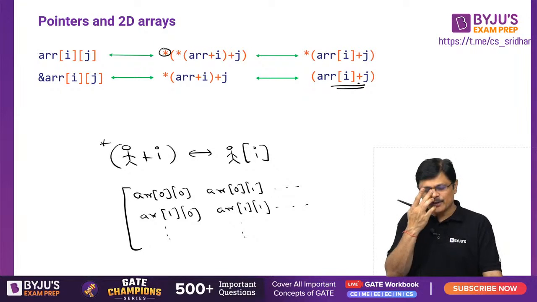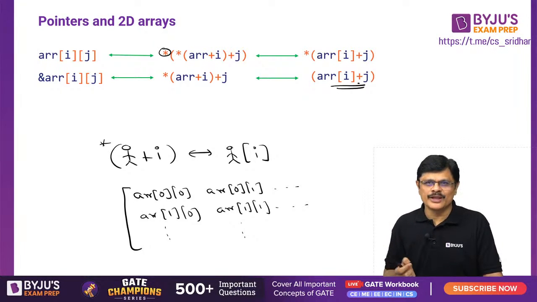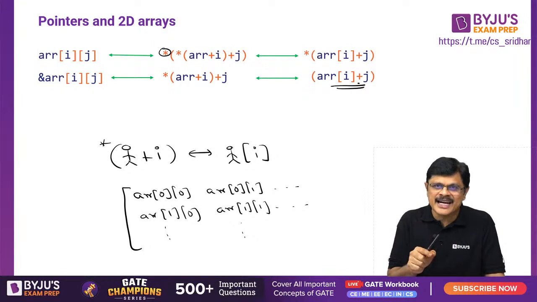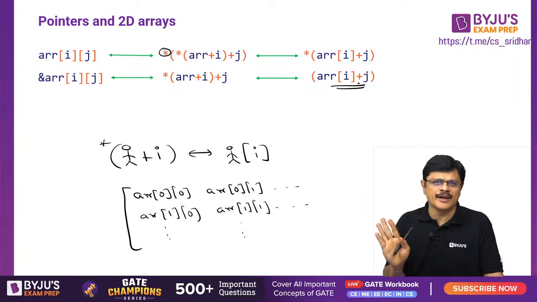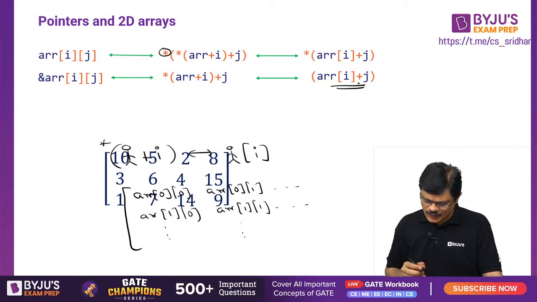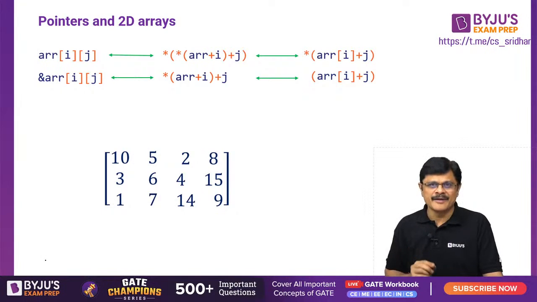It's just like your matrix manipulation, nothing more than that. The only thing is the index starts from 0, that you just need to take care of. The rest of the story automatically follows. Am I clear? So this is the idea.